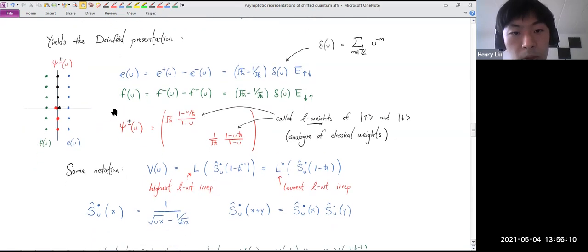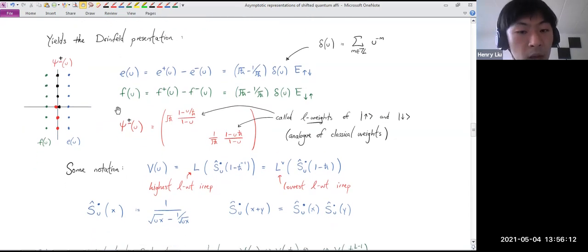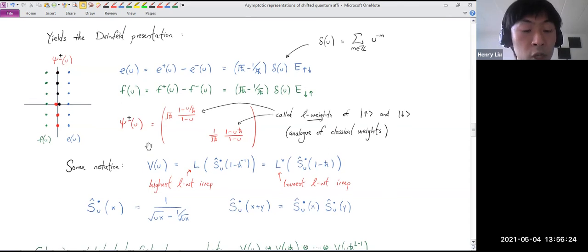Let me introduce some notation at this point, because we'll need to work with weights of our representations sooner or later. Just like usual Lie algebras have a theory of weights, quantum affine algebras have an analogous theory of what's called loop weights.